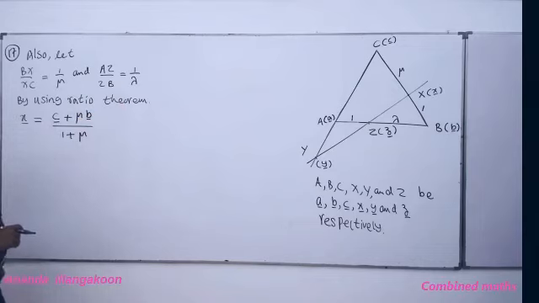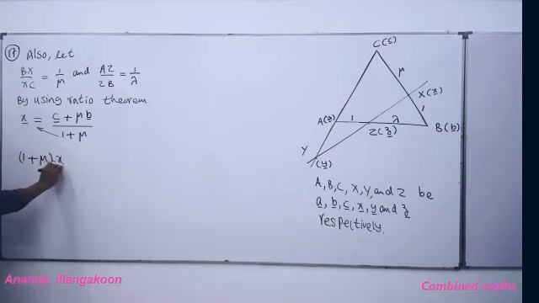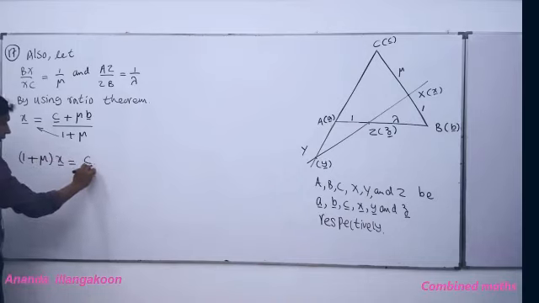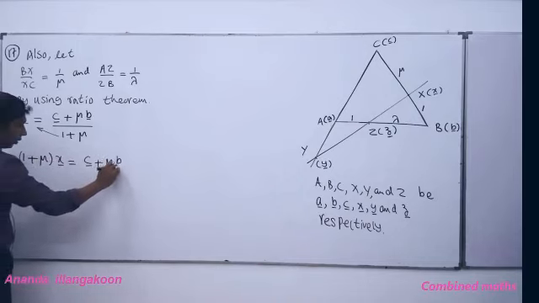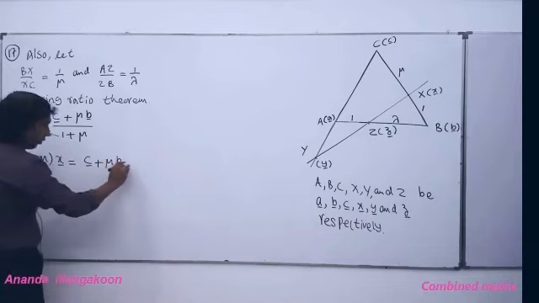Okay. I'm going to use first multiplication like this. 1 plus mu times simple x vector is equal to c plus mu b vector. Let us take this as number 1.